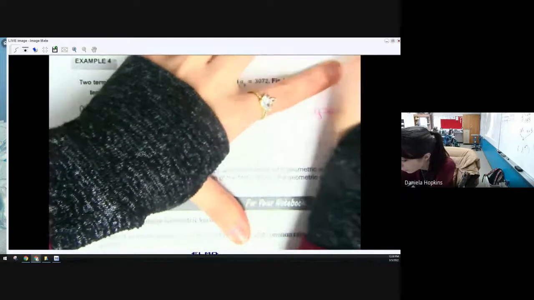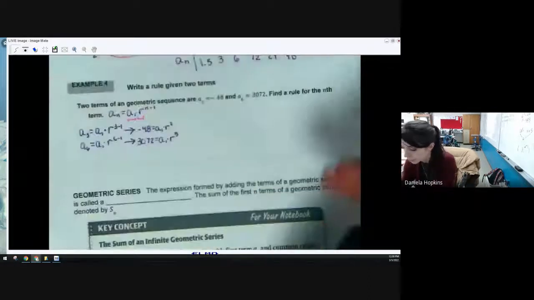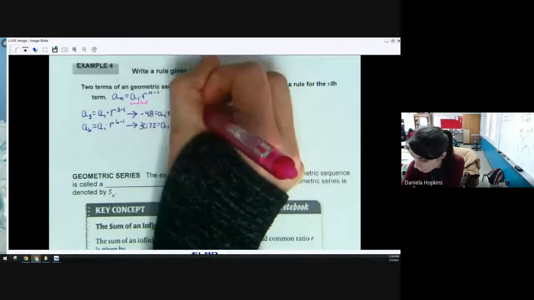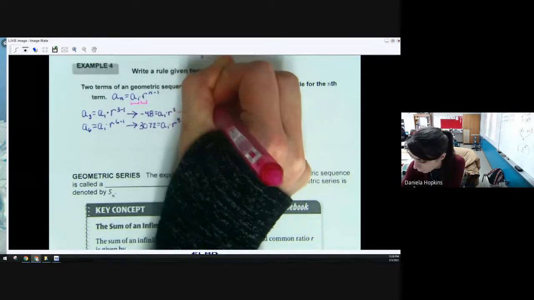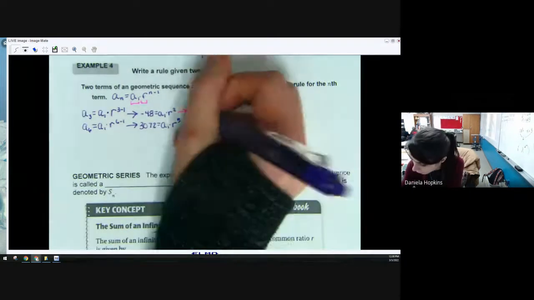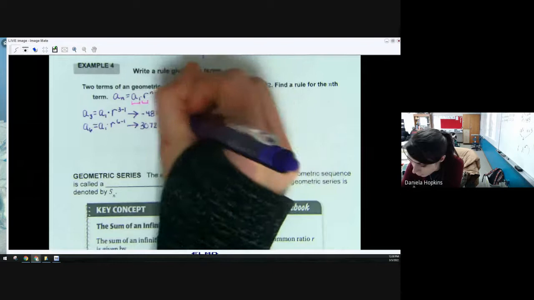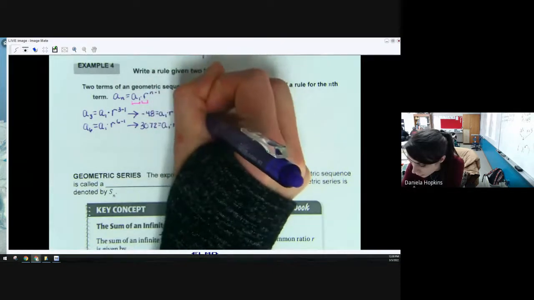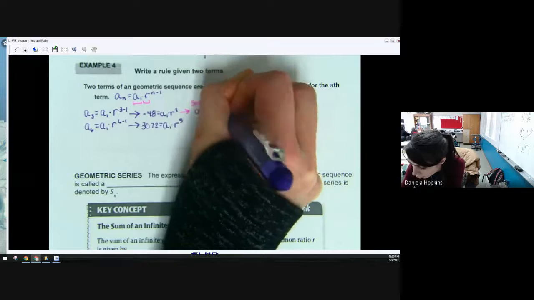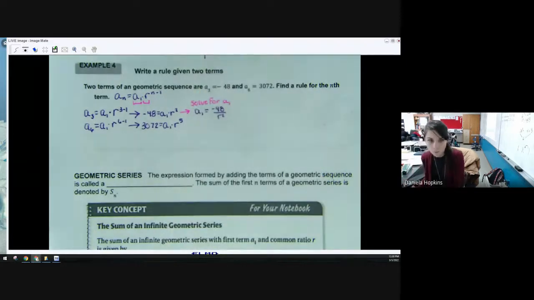So your first step, what you want to do is we are going to solve here for a1. So to solve for a1, I would just divide both sides by r squared. So I'm going to have that a1 equals negative 48 over r squared.